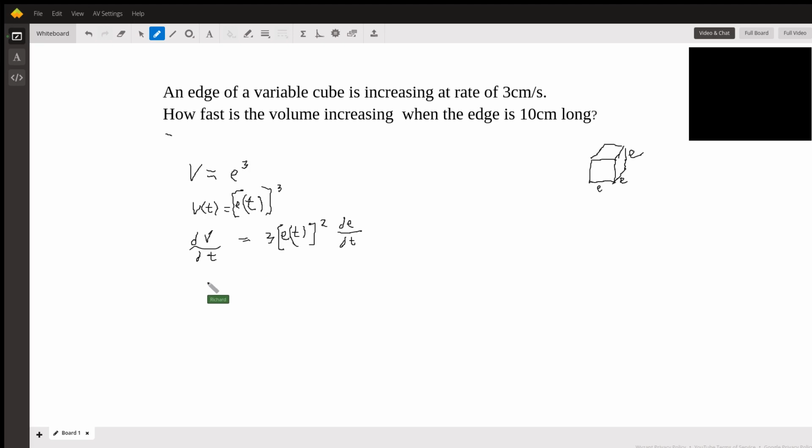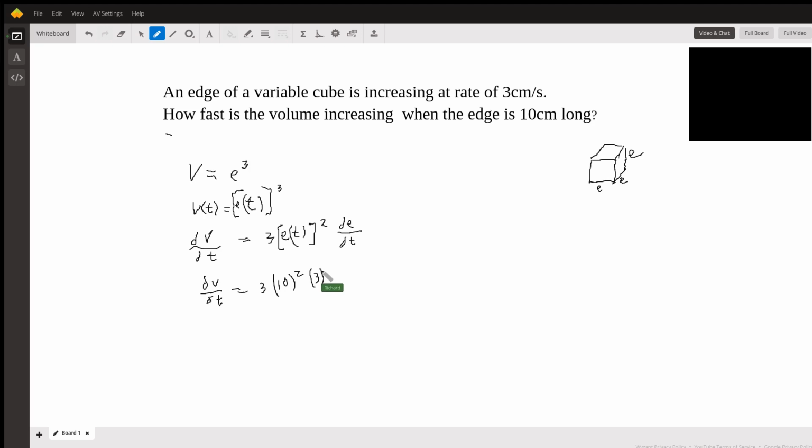Okay, so dV dt is equal to 3. And we're told that the edge at this point in time is 10 centimeters long, so I'm just going to have 10 squared. And we're told that the edge is increasing at the rate of 3 centimeters per second, so that's dE dt. So that's a 3 there.